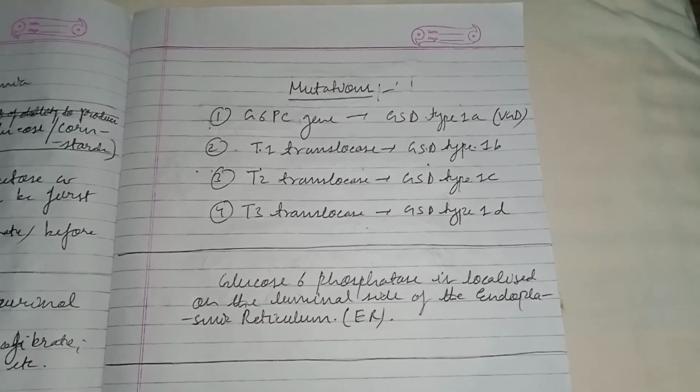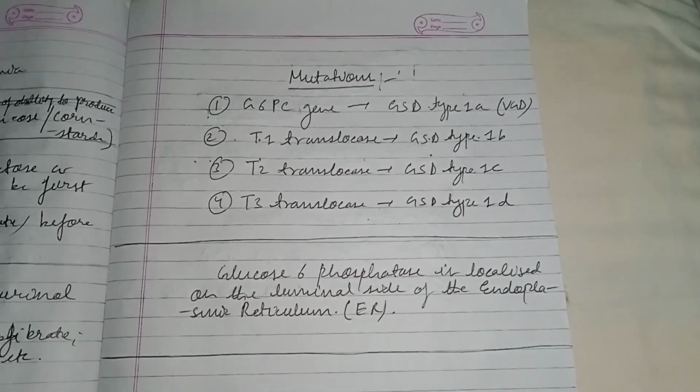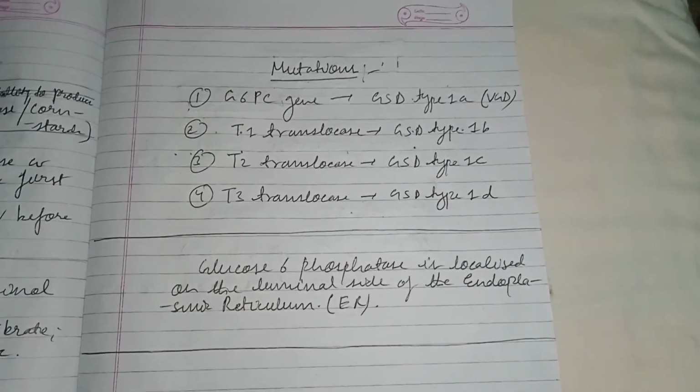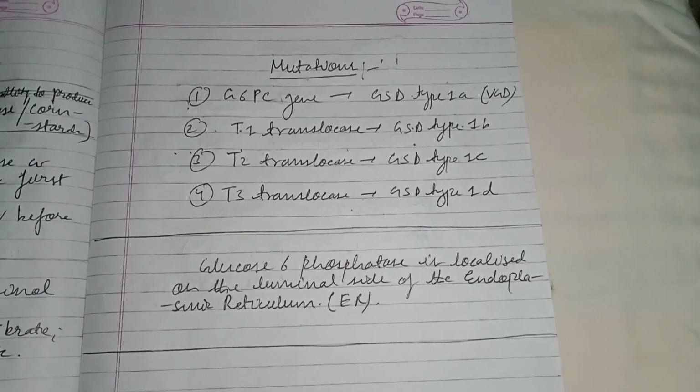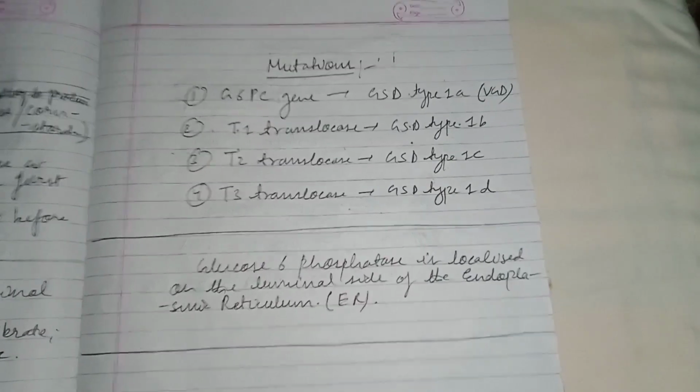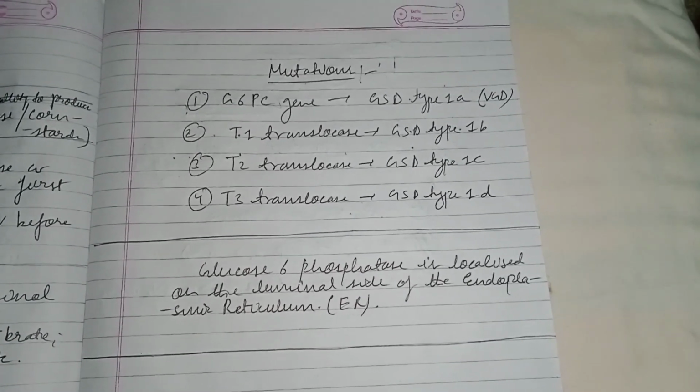So I hope it is clear now. And one important point I have mentioned over here, that glucose 6 phosphatase is localized on the luminal side of the endoplasmic reticulum. Please remember this point.